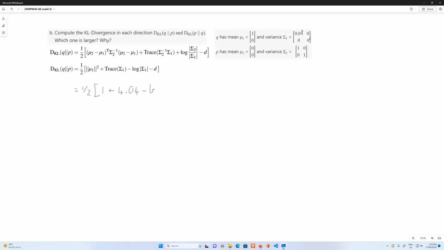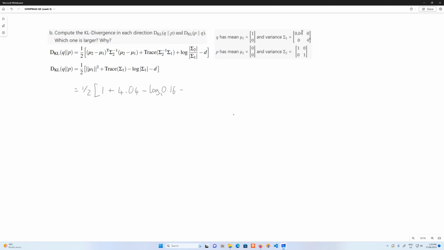That's the trace. So here we put 4.04, and then we take away the log of the determinant of that matrix, and we saw how to calculate that in the previous part. That is just 0.04 times 4. So that'll be 0.16. Get the answer in bits, so we'll make that log base 2.